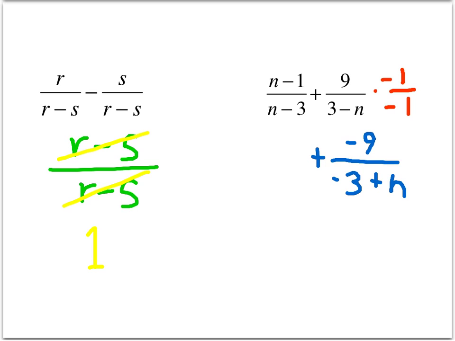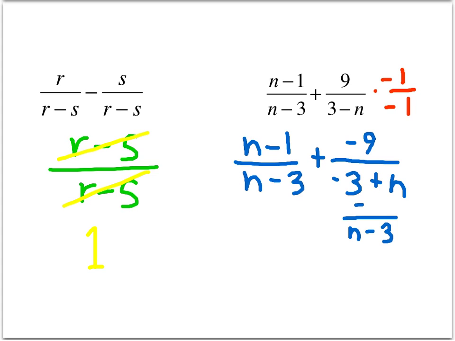So now I have this problem, n minus 1 over n minus 3. Now, it still doesn't right away look like I have common denominators, but remember that negative 3 plus n, sure enough, is the same as n minus 3. So I have the negative 9 there. I still have my n minus 3 here.